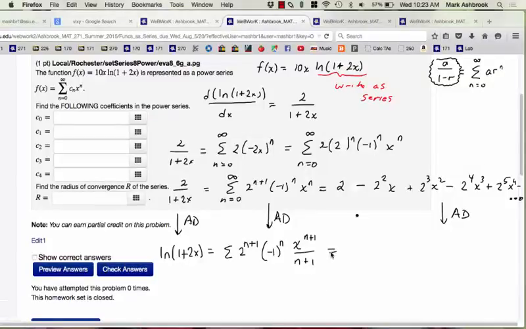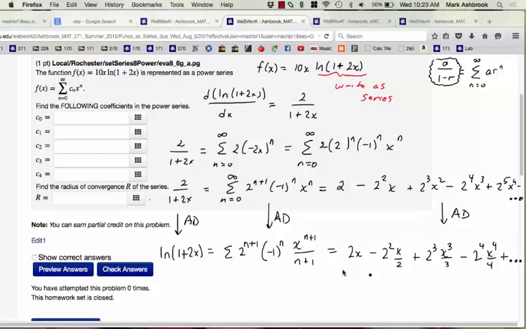And now we're going to do this term by term as well. 2x minus 2 squared x squared over 2 plus 2 cubed x cubed over 3 minus 2 to the 4th x to the 4th over 4, etc.